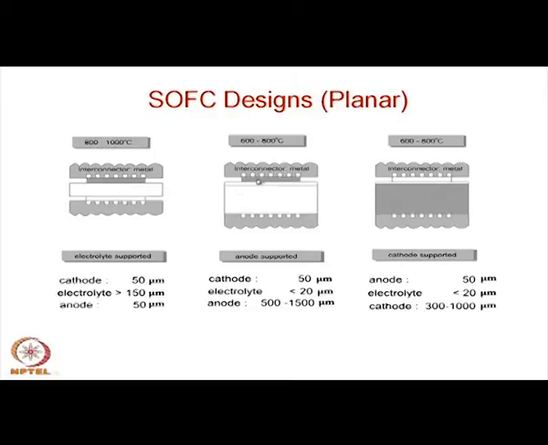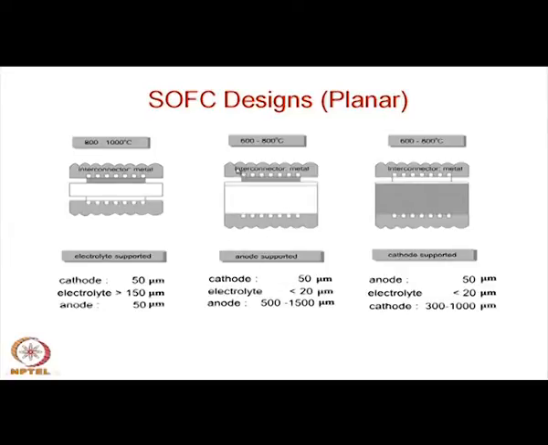By reducing the thickness of the electrolyte, one can reduce the operating temperature to 600 to 800 degree centigrade. So for both anode supported and cathode supported cells, where the electrolyte is much thinner, about 20 micron in thickness, the operating temperature can come down. This is one advantage.